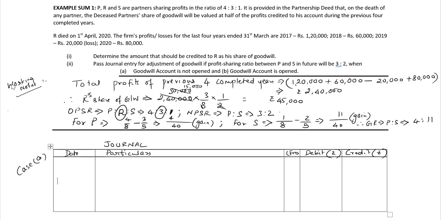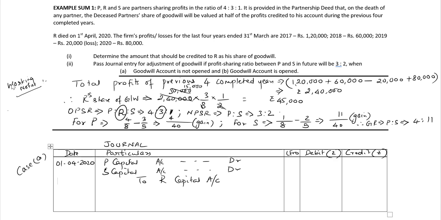So we'll pass the journal entry. The date of R's death is 1st April 2020. The gaining partners: P capital account debit, S capital account debit, to R capital account.